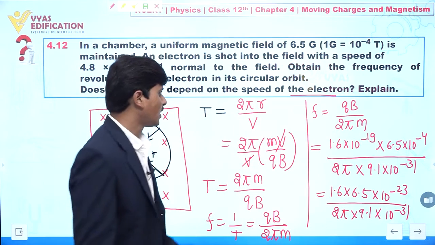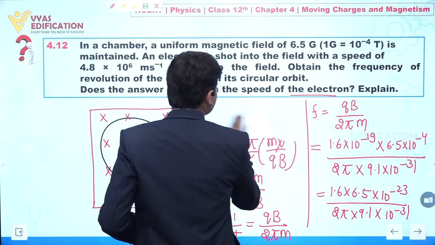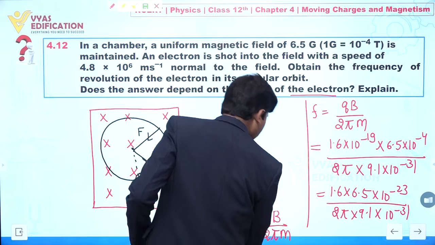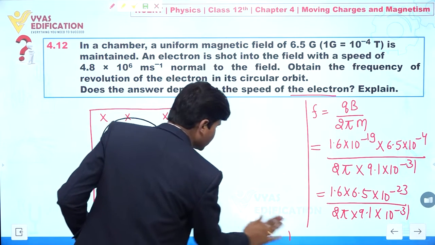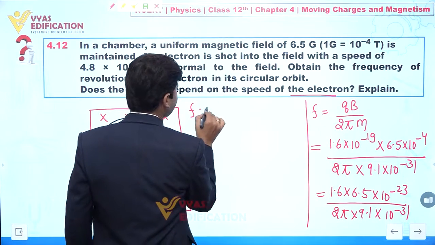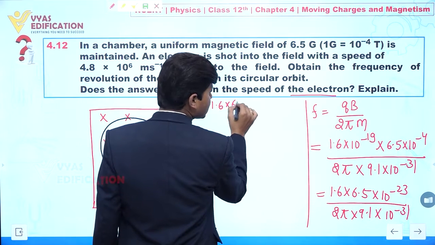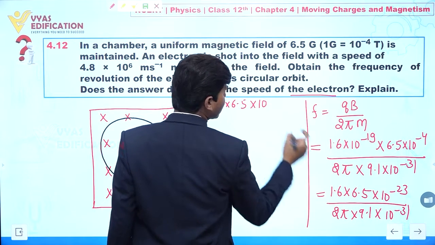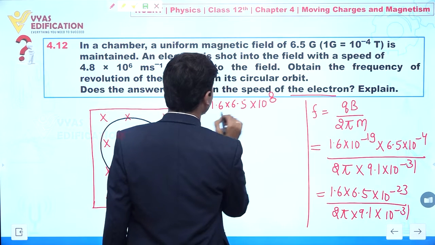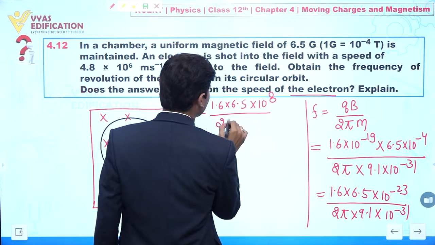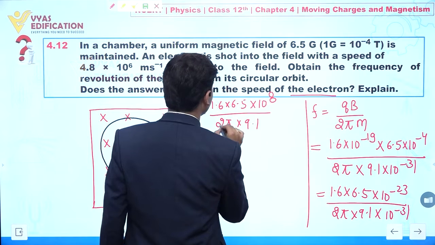So the frequency of this revolution is given by f equal to 1.6 into 6.5 into 10 to the power 8, divided by 2 pi into 9.1.